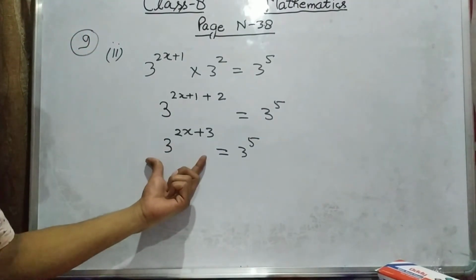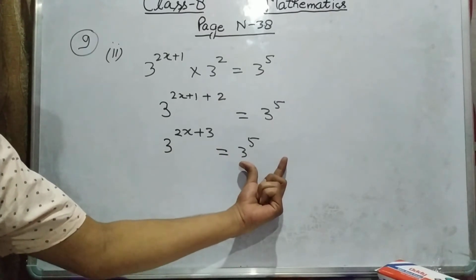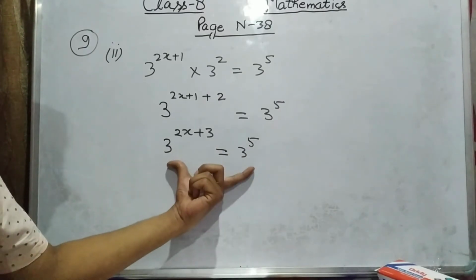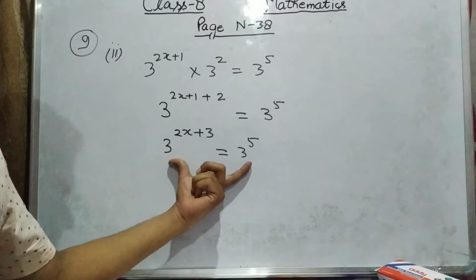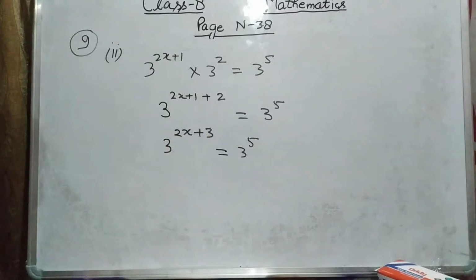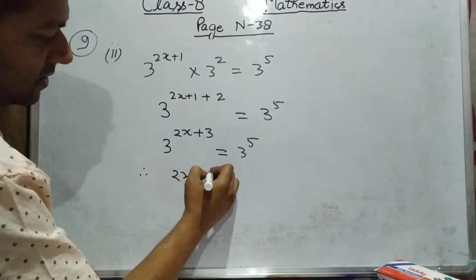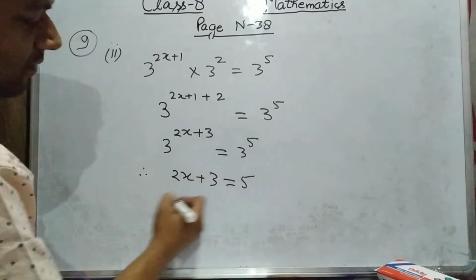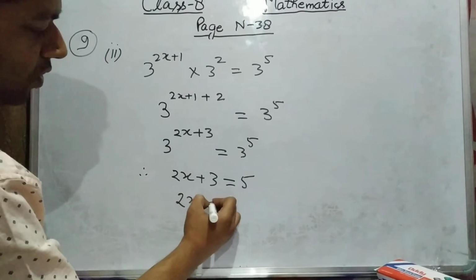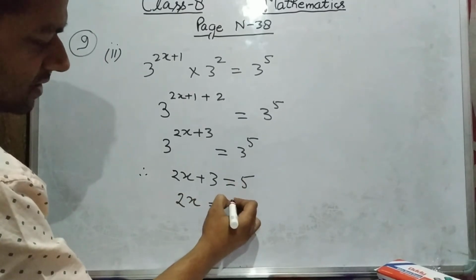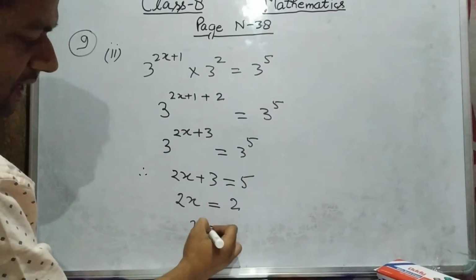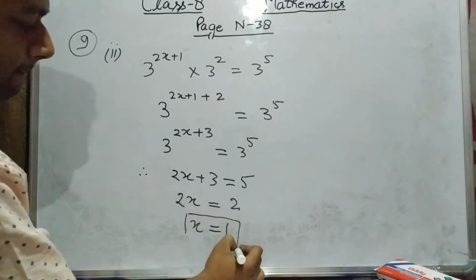On the left hand side the base is 3, on the right hand side the base is 3, and the equal sign is there. When the bases are equal, the powers will automatically be equal. Therefore, 2x plus 3 is equal to 5. Simply find the value of x. 5 minus 3 is 2. Then x is equal to 1.